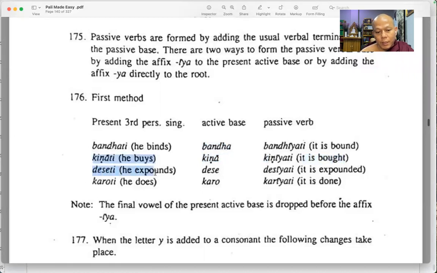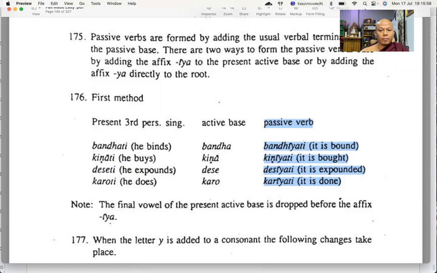And deseti, he expounds, so desiyati, it is expounded. Karoti and then kariyati, it is done. Those forms are from the present active base, by adding the suffix "ya" and the E. So it is formed in this way.